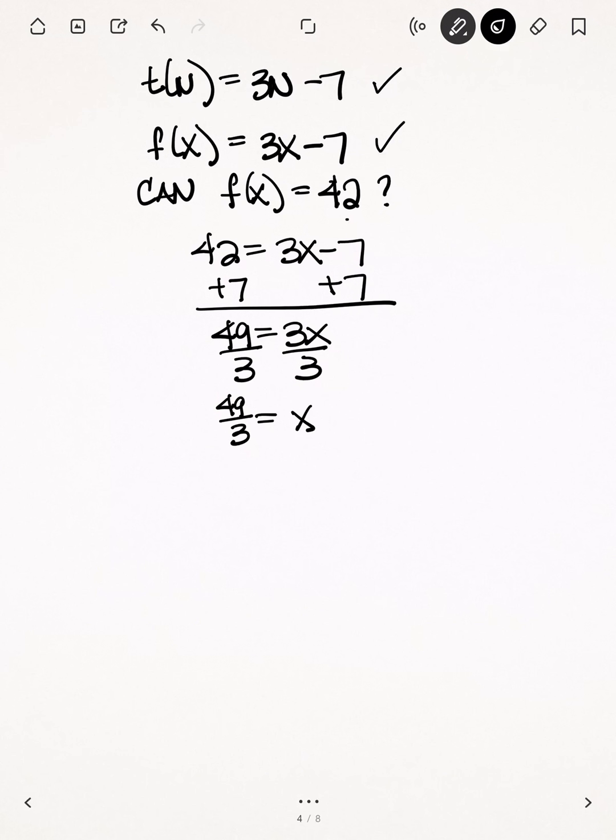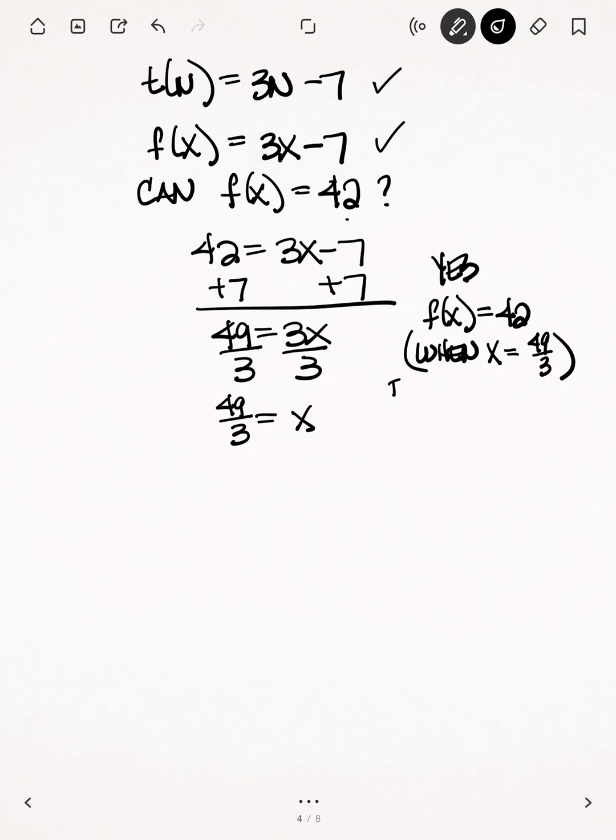Is that okay? Can f of x equal 42 if x equals 49 over 3? Well, the answer to that would be yes. F of x can equal 42. And that means that when that happens, x equals 49 over 3.